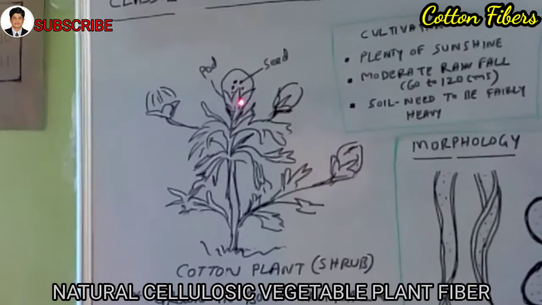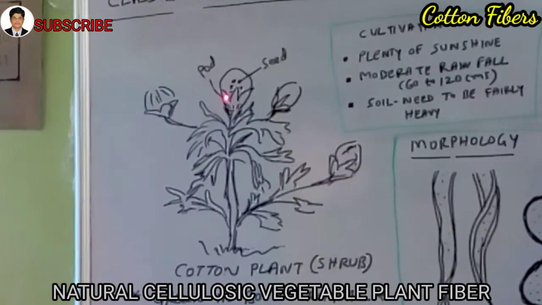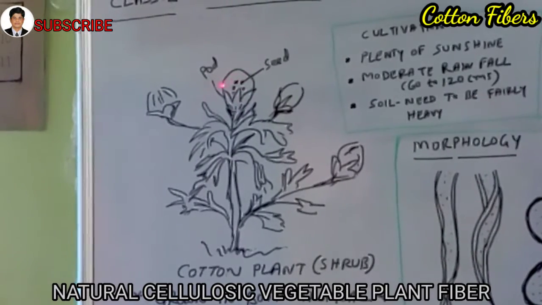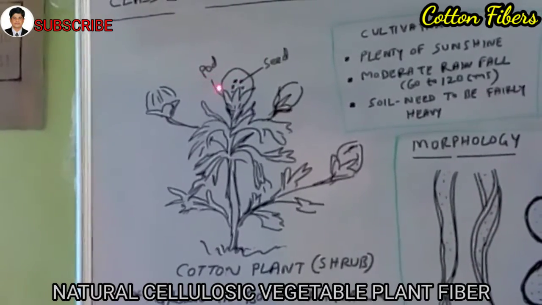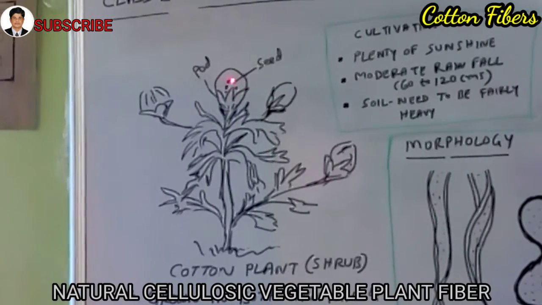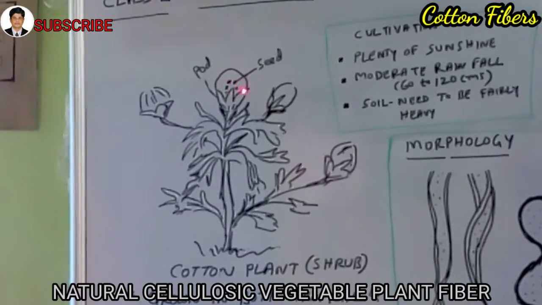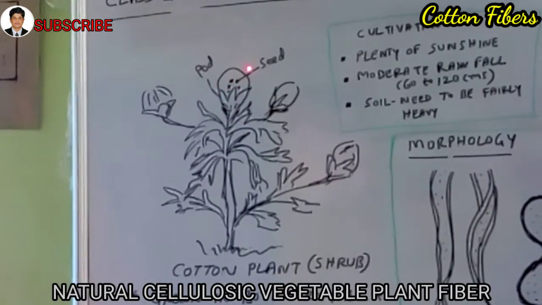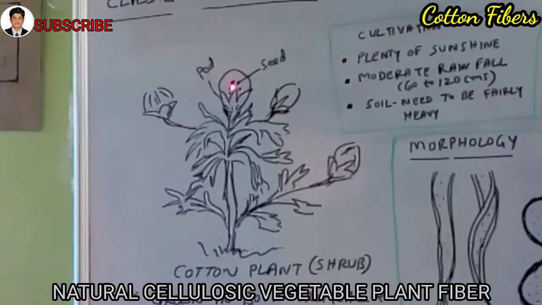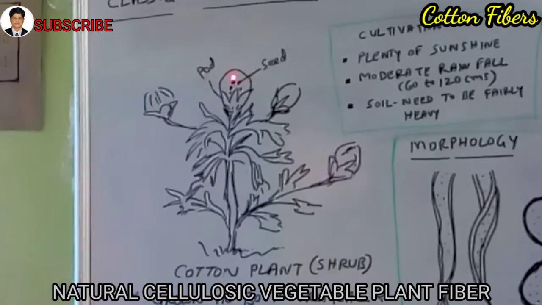The origin of the fibers in this pod are the seeds, the cotton seeds. These dotted lines are the cotton seeds. These seeds are covered with the fibers. The pod contains both seed and fibers attached together, with the seed producing the fibers.